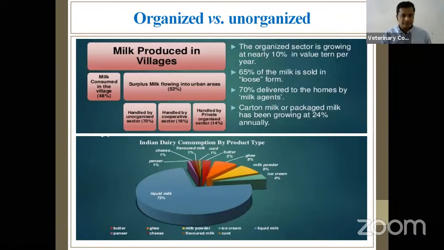Product-wise, if you see the lower pie chart, the majority of the milk is sold as fluid milk. Year to year there is a minor variation in this sector, but by and large the trend remains the same. The major product sold in the market is liquid milk, fluid milk, or raw milk. Part of that is converted into ghee, milk powder, ice cream, and other miscellaneous products given here.